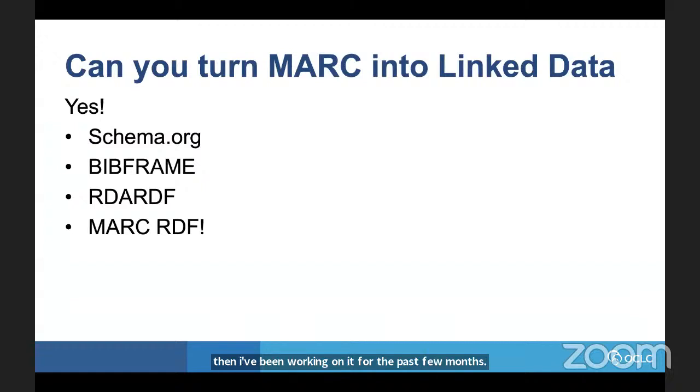So we know we can turn MARC into linked data, obviously BIBFRAME, but there are other ways to do it, whether you're doing it in RDA RDF or Schema. There are some projects to convert BIBFRAME to Schema and vice versa. But what I'm going to talk about is this more low-level MARC RDF.